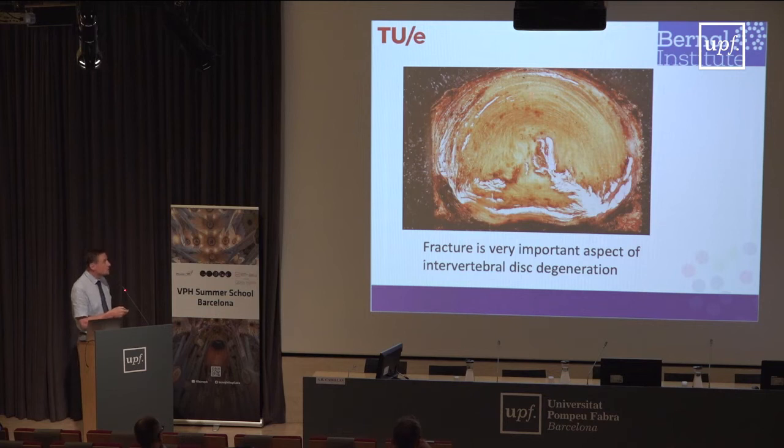And the strains are large, and there also we expect local mass balance violation. Now, the disc is known to be cracking or tearing as it degenerates, and usually this tearing is not very much associated with loading. It's actually intrinsically associated with aging, swelling, loss of fixed charge density because of the degeneration.